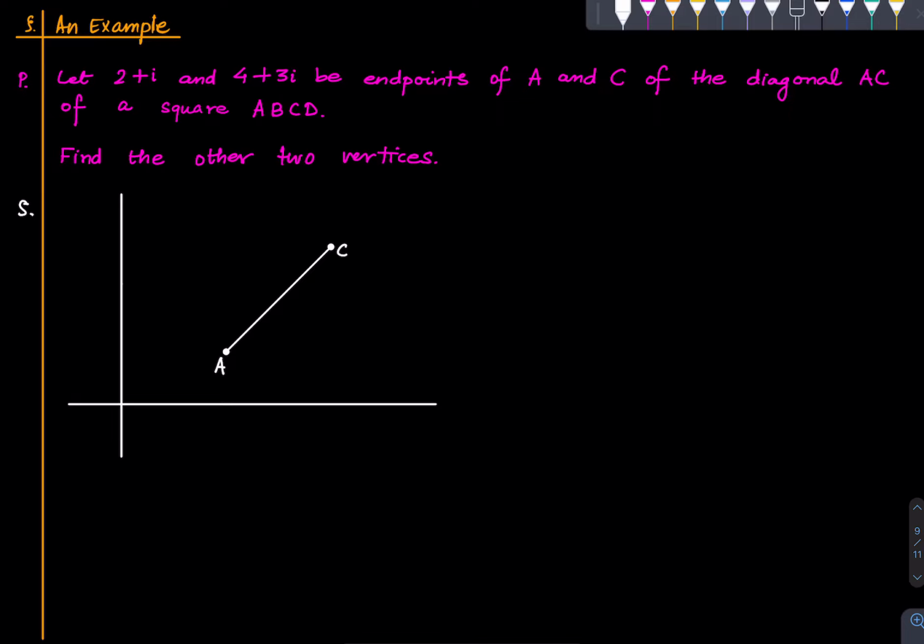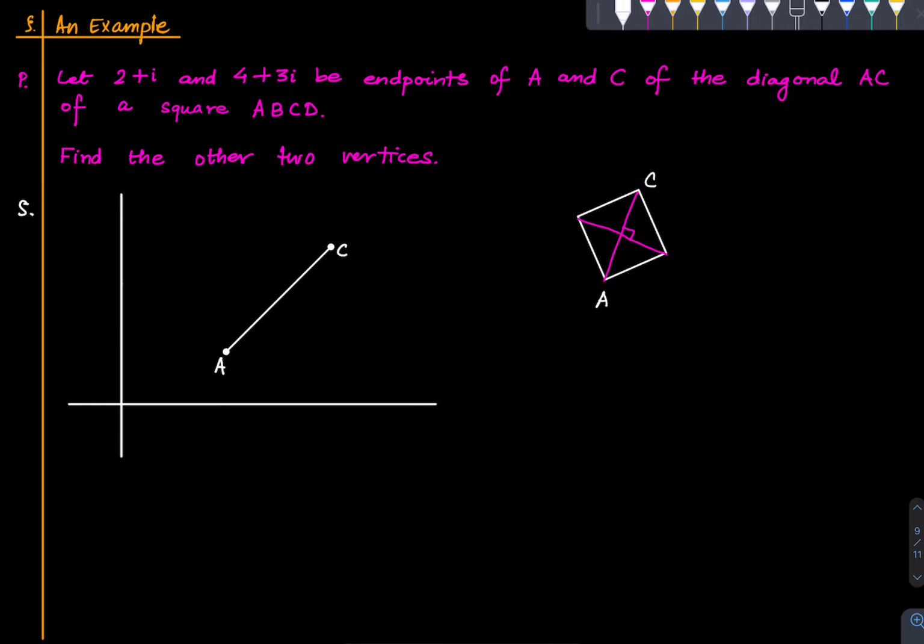So let us just remember that if I have a square, I hope I can draw a square. It doesn't look like a square, but anyway. So in a square, the diagonals bisect at 90 degrees. We have A, we have C. If we know A and C, then we also know the midpoint.